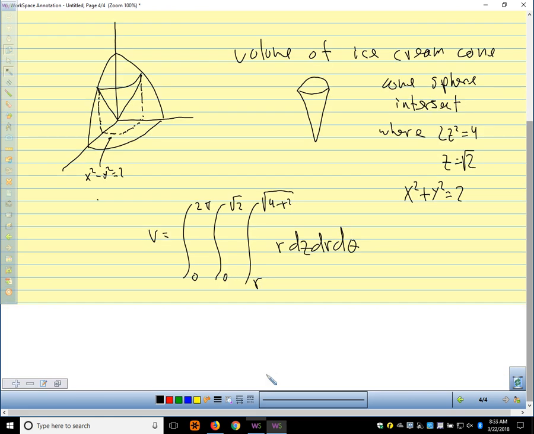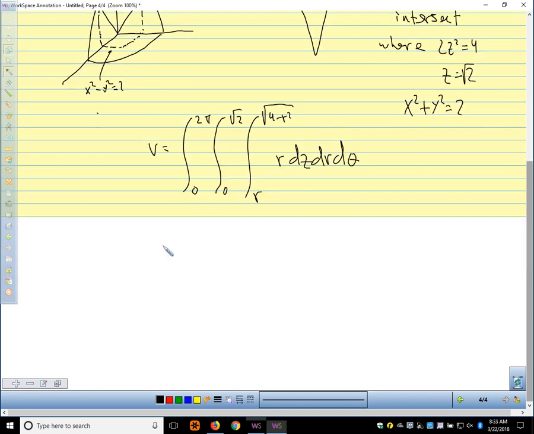Easy integral to evaluate. After our first integral, we get the integral from 0 to 2 pi, the integral from 0 to square root of 2 of r z, evaluated from r to square root of 4 minus r squared, dr d theta.